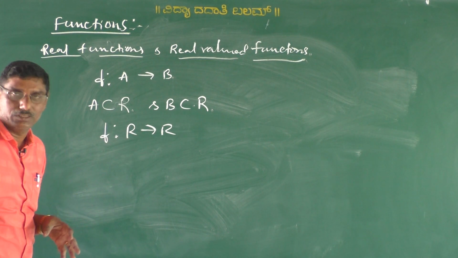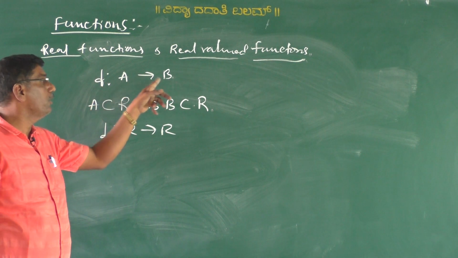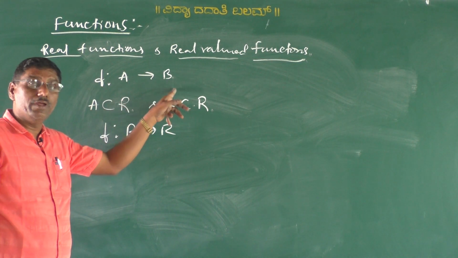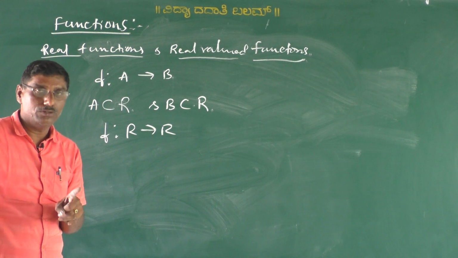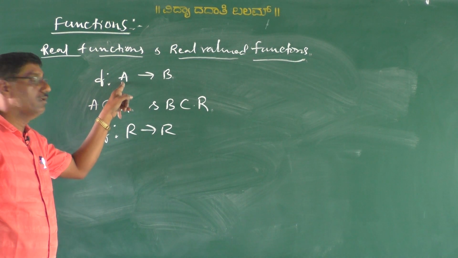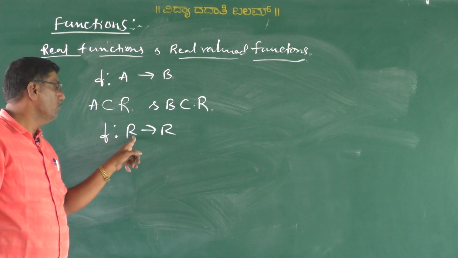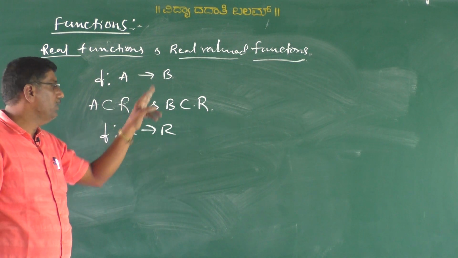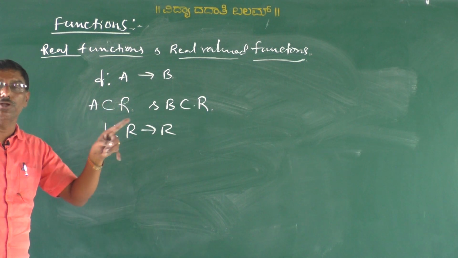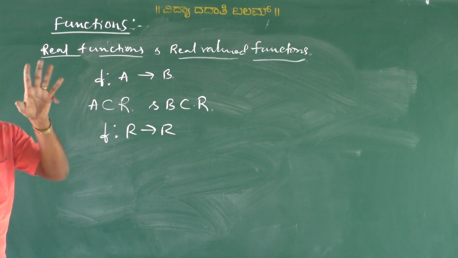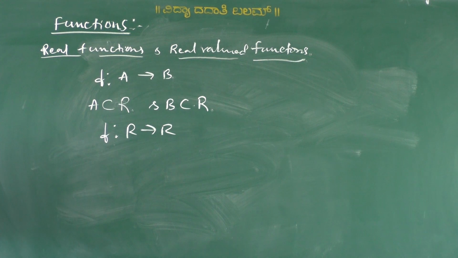But if I consider a function F from A to B where A and B are two finite sets, and A is a subset of R and B is a subset of R, then we say that F from A to B is a real function. Are you understood, all of you?